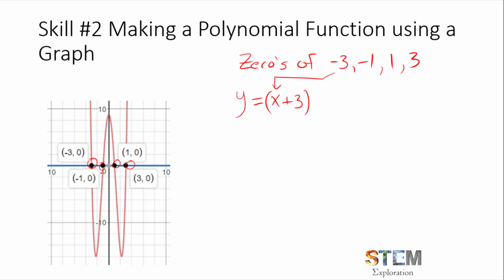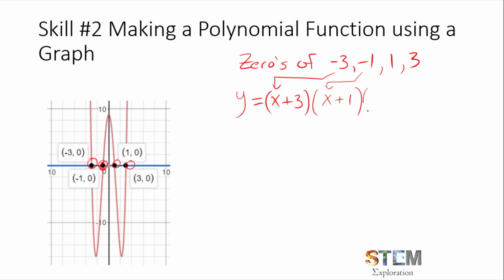All right, so if you ever want to make a polynomial function using a graph, we can just literally build the polynomial function using all the zeros. Okay, so there's a zero of negative 3, there is a zero of negative 1. The idea here is if we plugged negative 1 for x, it would equal 0, and that would give us this root or zero on the polynomial function.